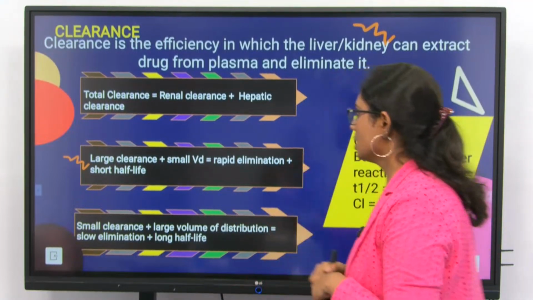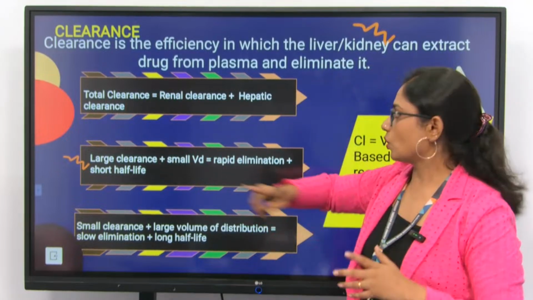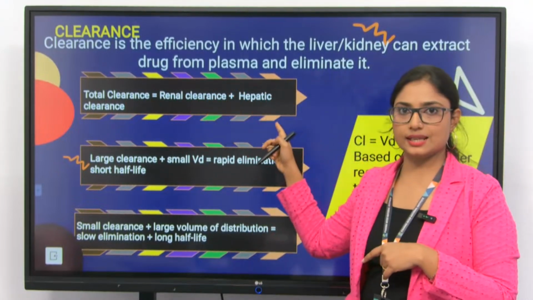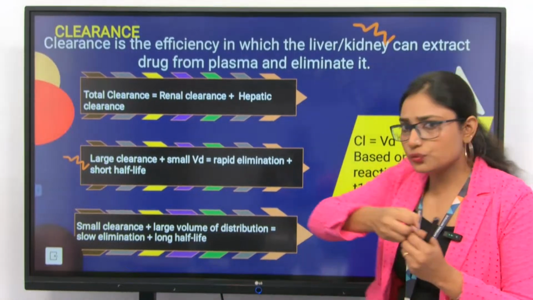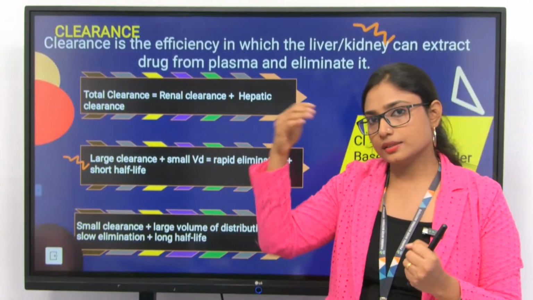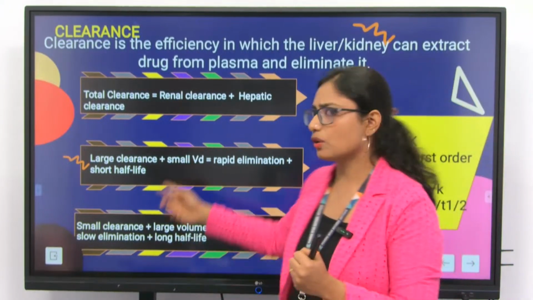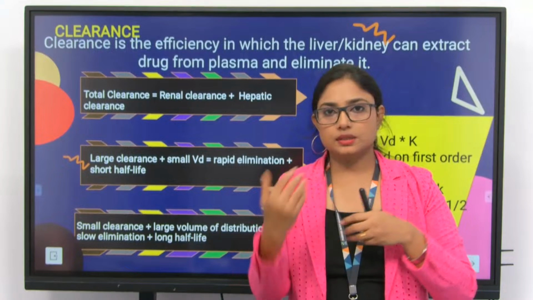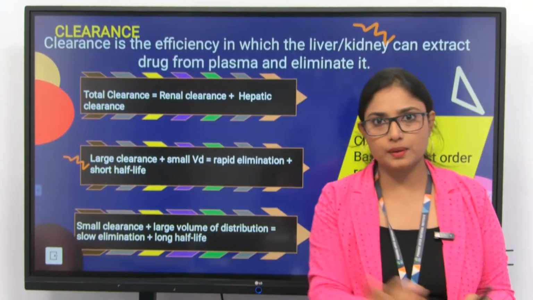Yes. Total clearance means it is the total process of the kidney as well as the liver. Large clearance means a large volume of blood is taken up by the liver and the kidney and a large amount of drug is getting cleared off. What will be the volume of distribution? The drug is getting cleared in a larger volume from the blood.